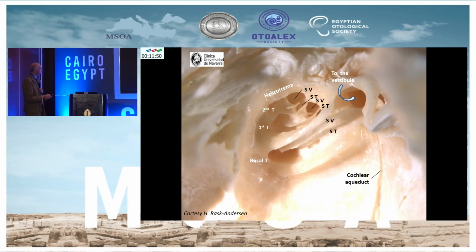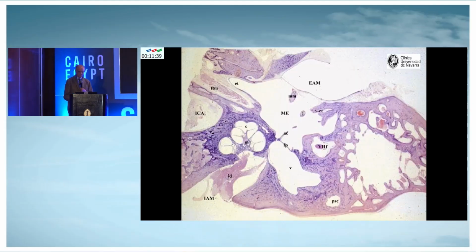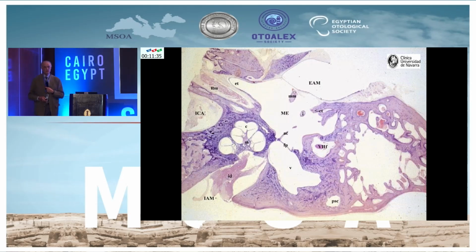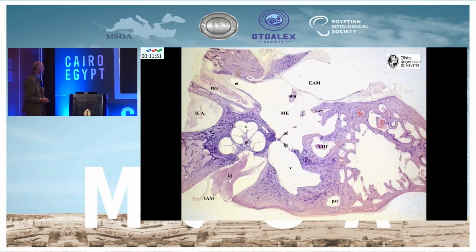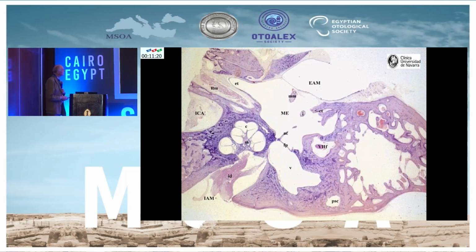And this is the connection of the scala vestibuli to the vestibule, where we can find the otolithic organ. All this macroscopic view is correlated with the microscopy of the inner ear. So in these slides, you can see most of the structures that we are going to need to approach the cochlea.